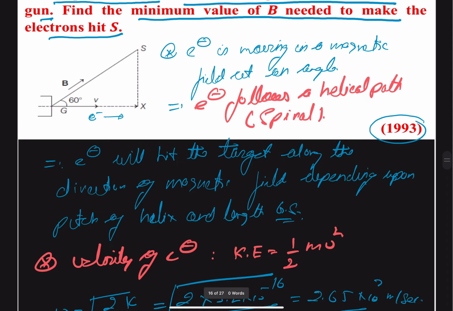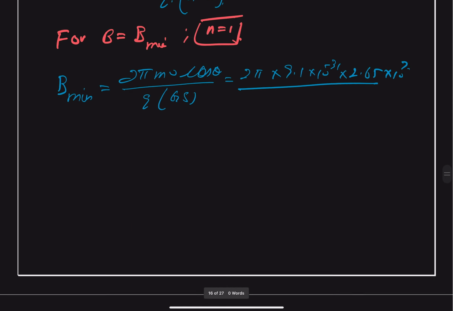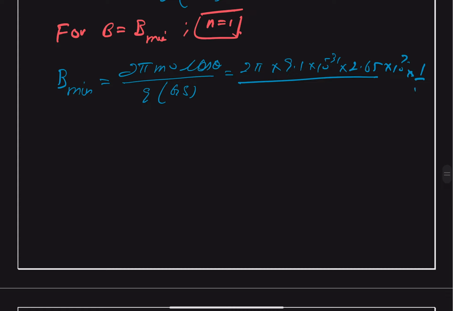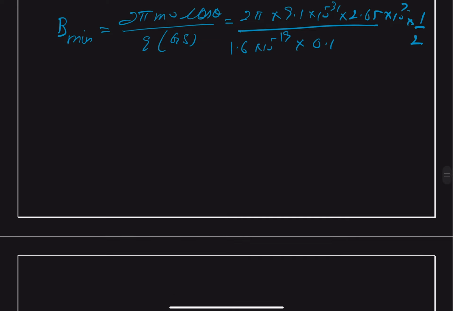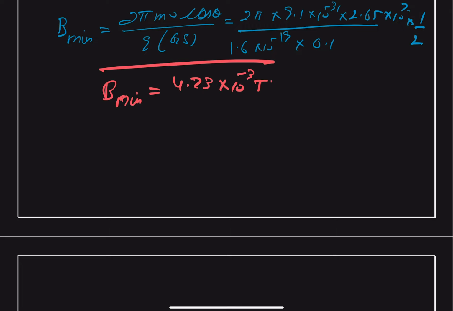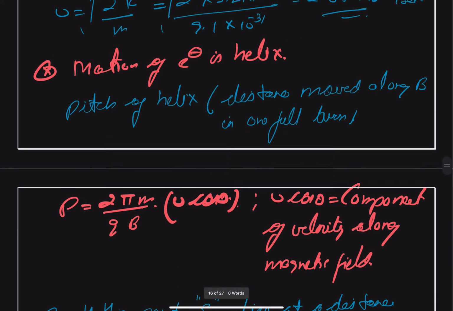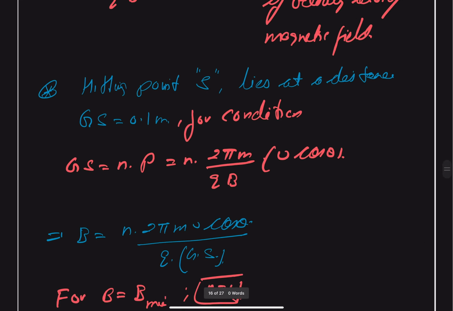Cos of 60 is 1 by 2, so multiply by 1 by 2. Charge is 1.6 into 10 to the power minus 19. GS is given as 0.1. So this B minimum will be approximately equal to 4.73 into 10 to the power minus 3 Tesla. So this is the minimum value of the magnetic field. Now we come to the next question.